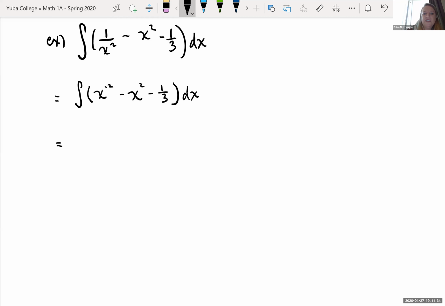And so now we can use that general power rule. The rule says add 1 to our exponent and divide by our new exponent. So our new exponent in this case is negative 2 plus 1.